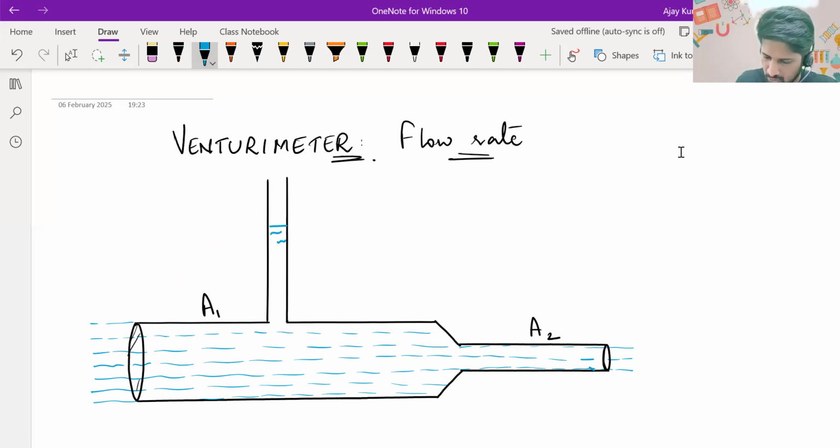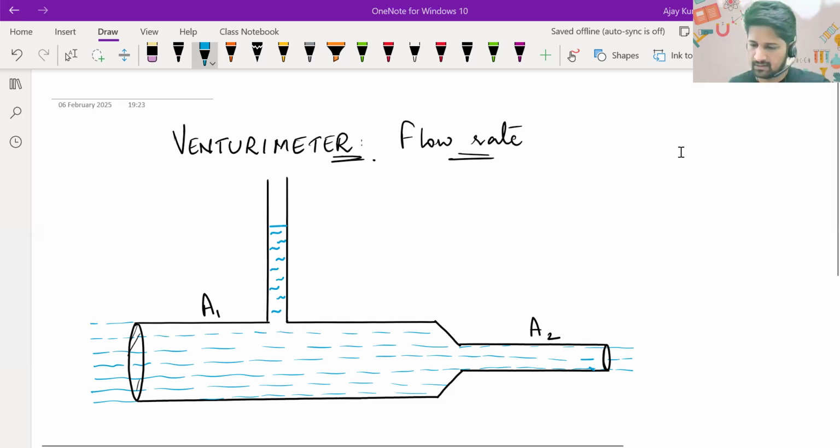The straw or tube has to be long enough. Depending on the pressure inside, it will rise to a certain height and settle there. You have to provide a tube which is long enough, only then this is possible. Let this height be H1.